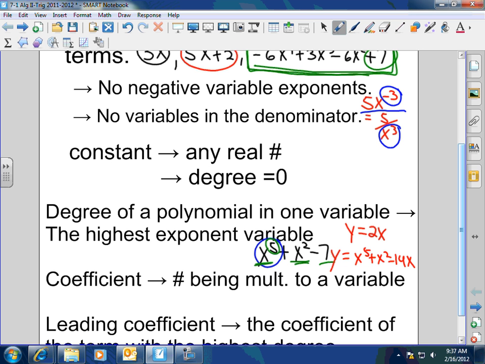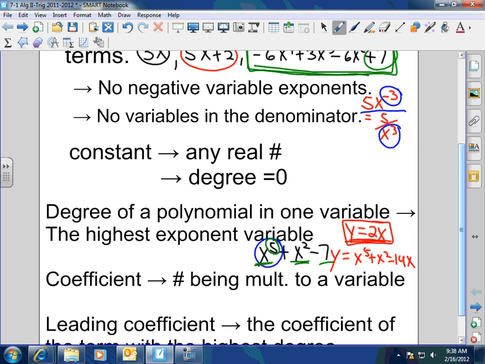That would be a polynomial, but only because they told you a substitution value for y. If they did not give you that information, this wouldn't even be a polynomial. There would be no degree because it is not a polynomial in one variable.